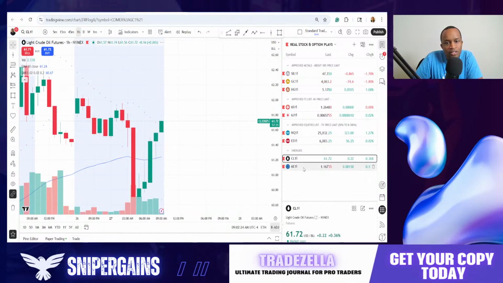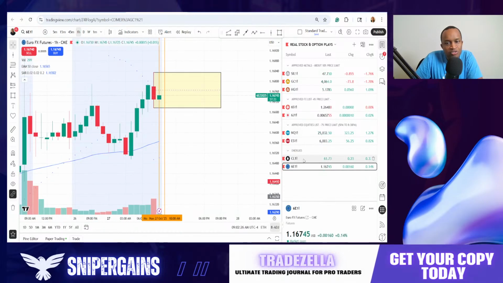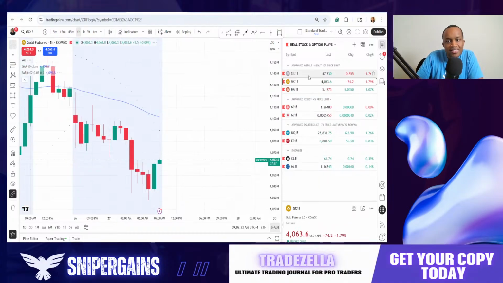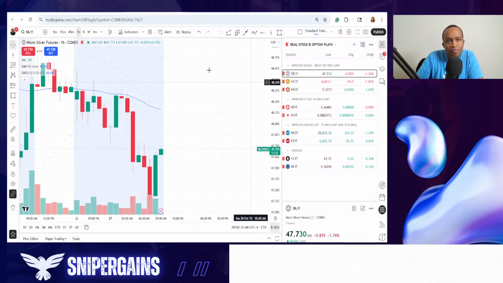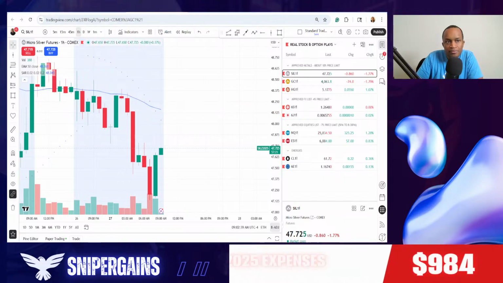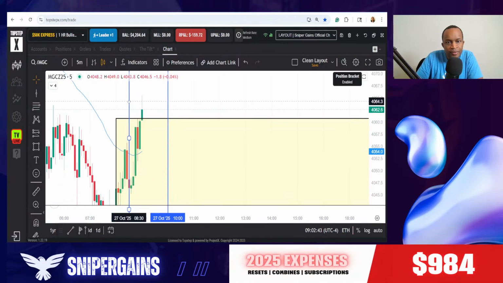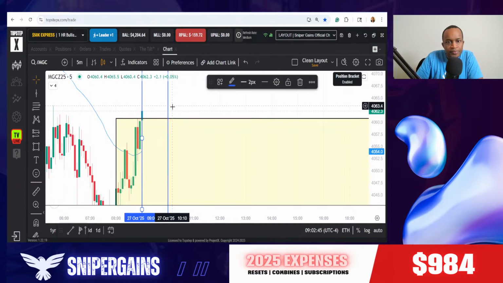So these are the two that do catch my interest in the bullish direction. But then gold and SIL, I'm more looking at them to see if it'll continue the bearish downward trend. So there we go. It's doing something.